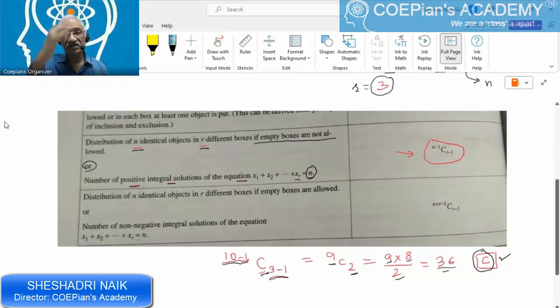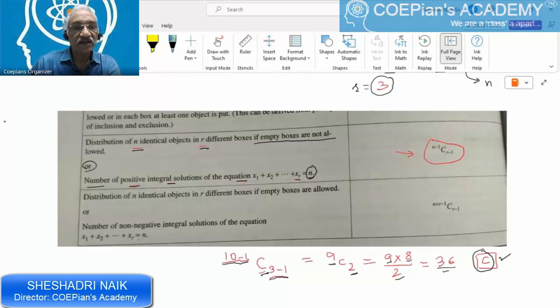Now we use this particular formula which is given in the permutation and combination का जो formula है उसमें दिया है कि number of positive integral solutions of the equations x1 plus x2 and so on up to xr equals to n is given by n minus 1 C r minus 1.